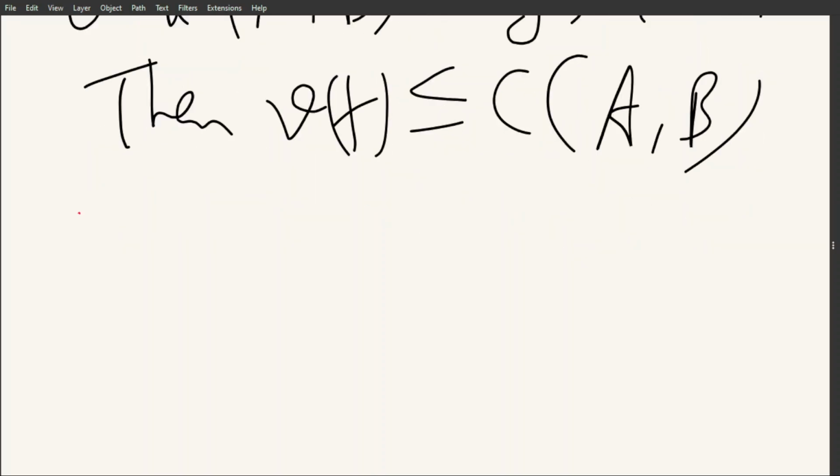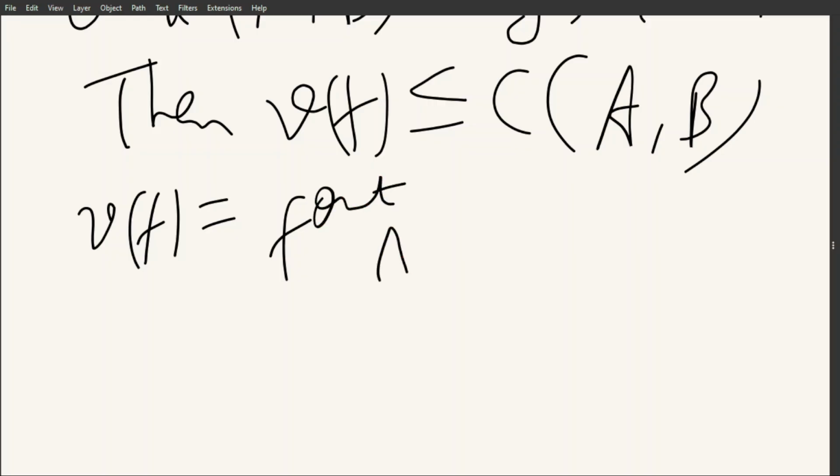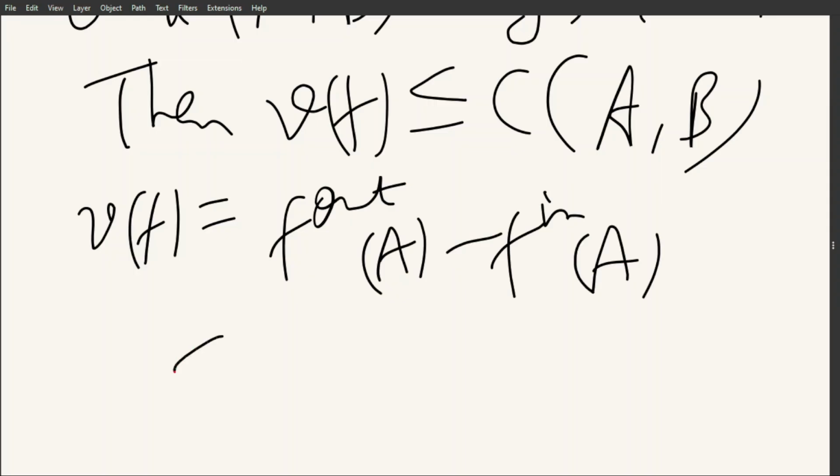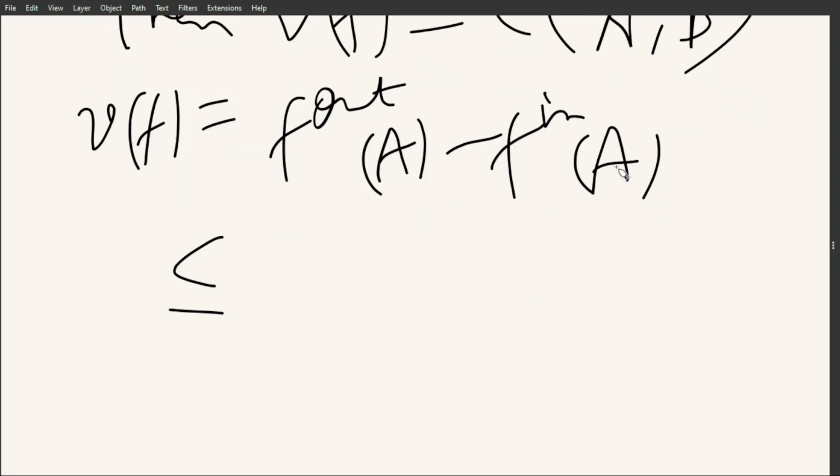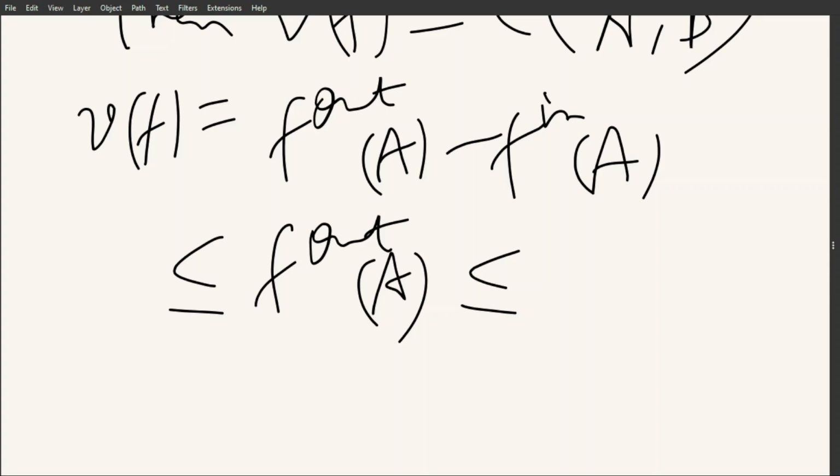So we start with the value of the flow, just write it as F out of A minus F in of A, upper bounded by, just ignore the negative term, write this as F out of A, upper bounded by, here just apply the capacity condition. So flow out of A is upper bounded by the capacity out of A. So just write this as the sum of all E out of A Fe.